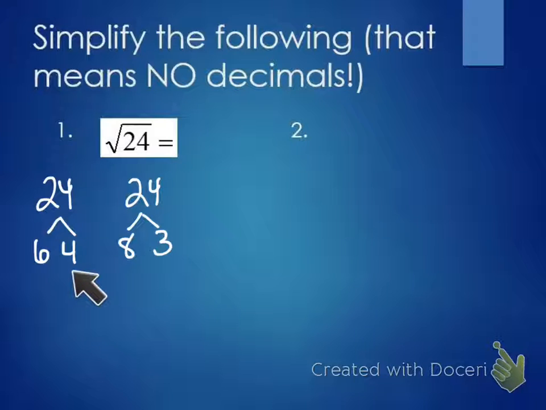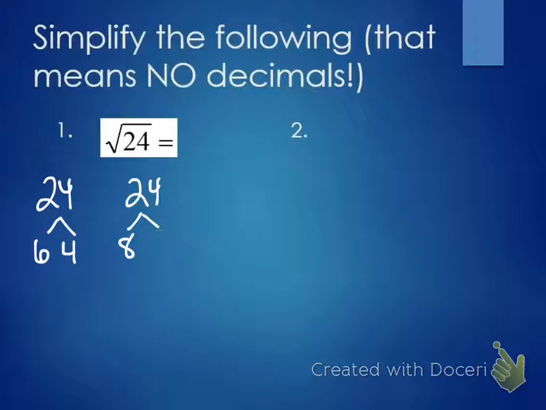But what's special about the number 4 that's not true about any of these other numbers? It's a perfect square. Okay, I would always look for factor pairs that involve a perfect square. Okay, so it's not wrong to use 8 and 3. We would just have to break down the 8 more.